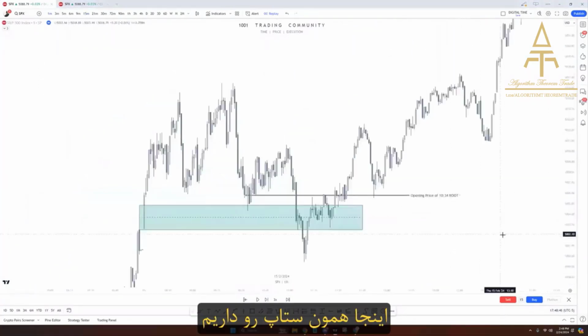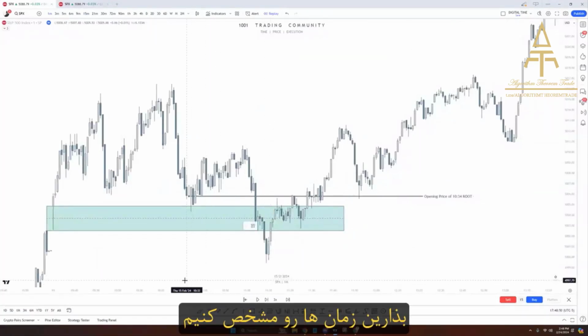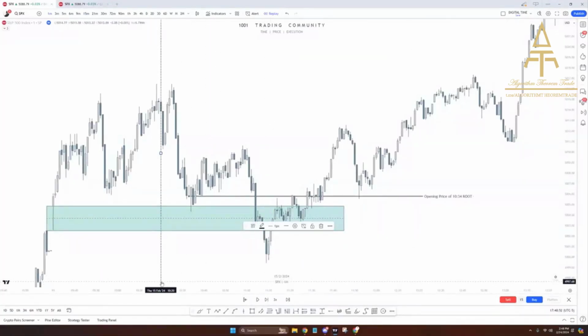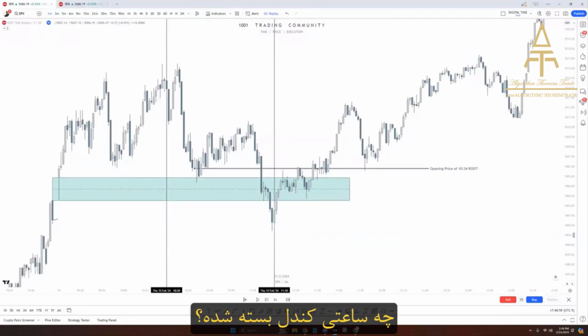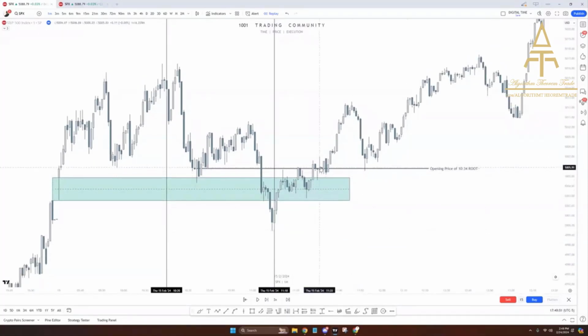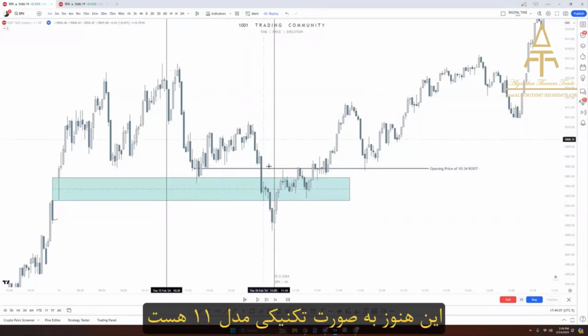Here we have that same setup. Let's draw our times here. 10:20 to 11:10. What time did the candle close? 11:30. Up here. But we're still observing this root candle here. This is still technically Model 11. Why?